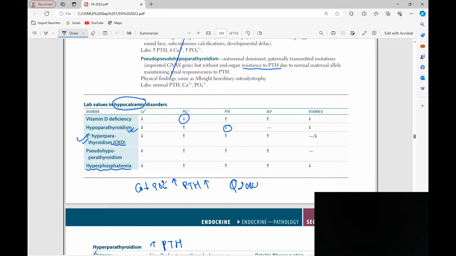Calcium level was given, phosphate level was given, and ALP level was given, which was very high.